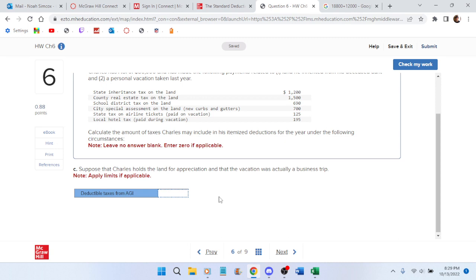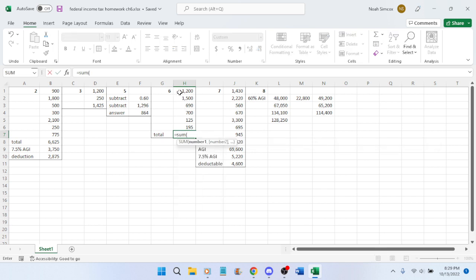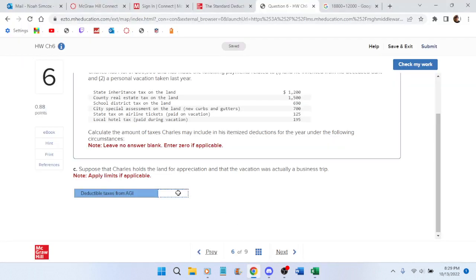State tax on airline tickets, local hotel tax. Maybe only one of them is included. Let's say all of them except for the last one are included. $42.15.